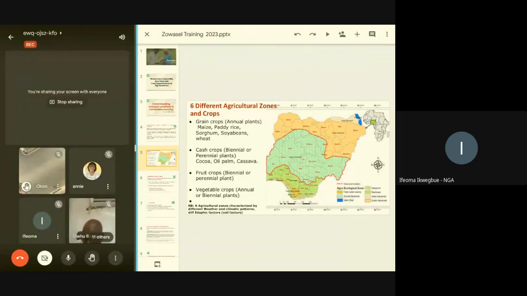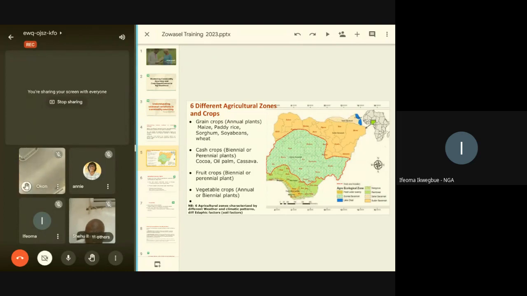But there's one thing that is quite important for us to note here: the agricultural zones are characterized by weather and climatic patterns, and also by some edaphic factors, soil factors.